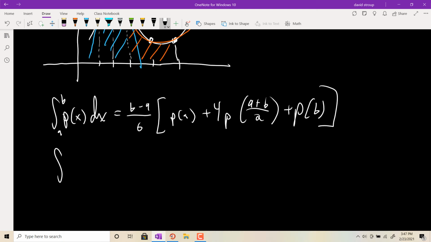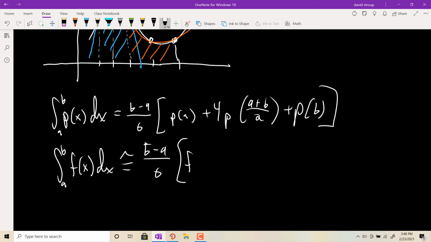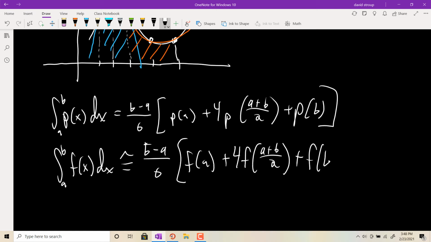You could just say the integral of f of x dx from a to b is approximately b minus a over 6 times f of a plus 4f of a plus b over 2 plus f of b. And that's kind of the magic of it.